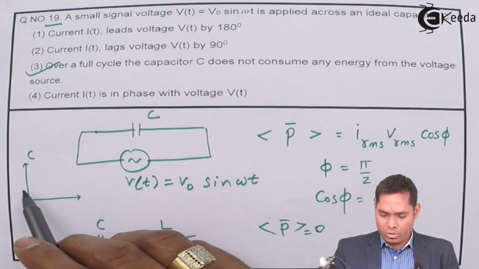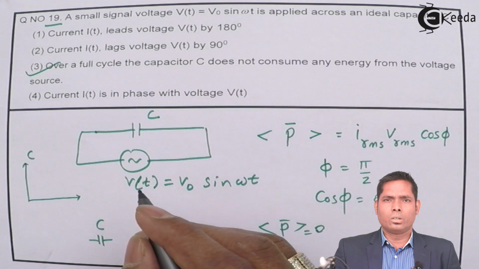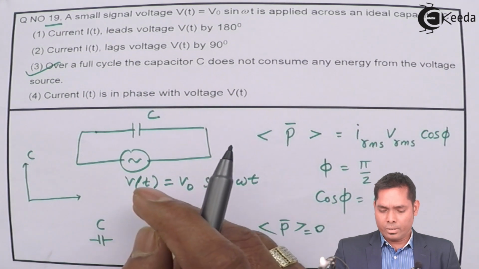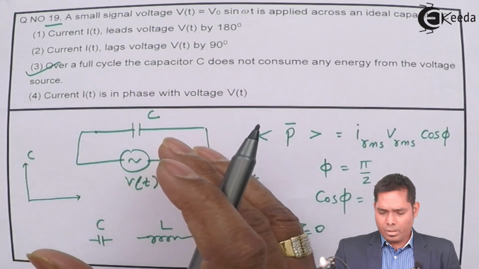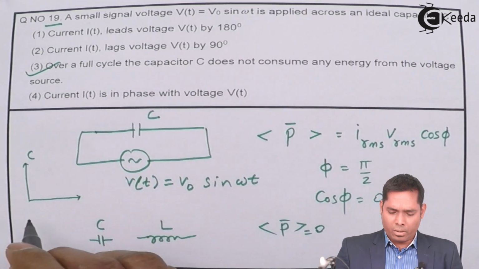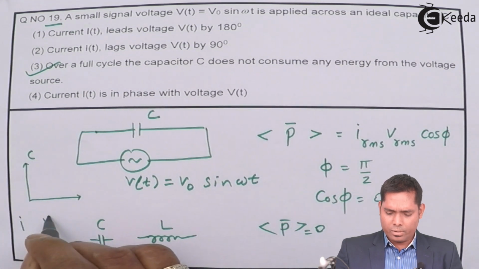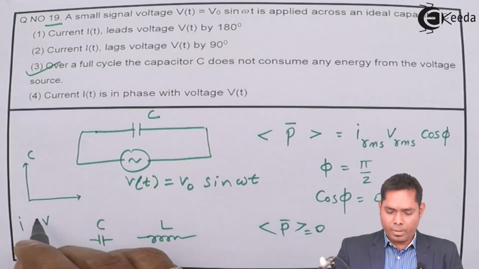So it is not the case, because the expression for voltage and current can be obtained in case of a capacitive circuit. We know that current is leading the voltage by 90 degrees.